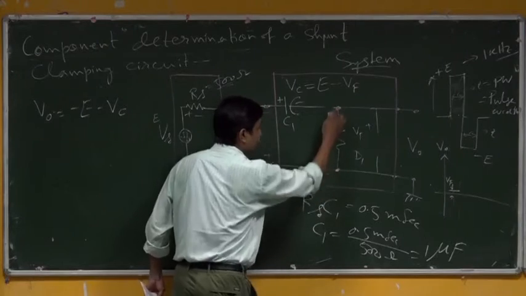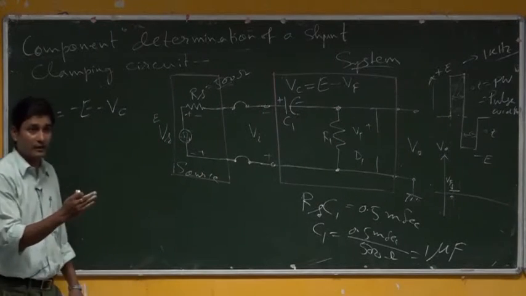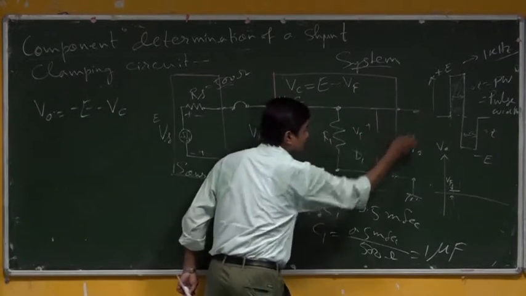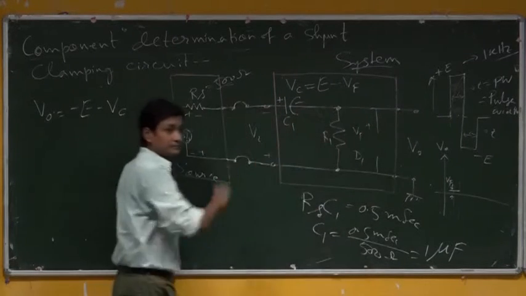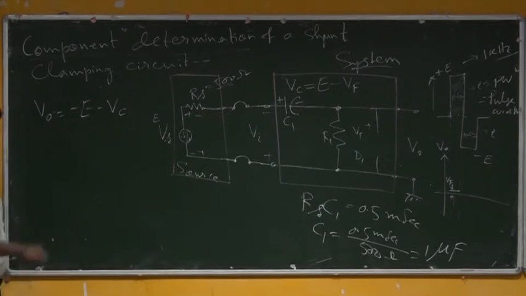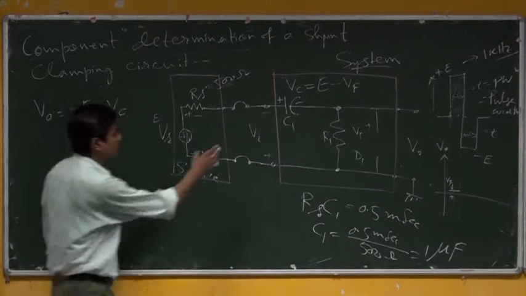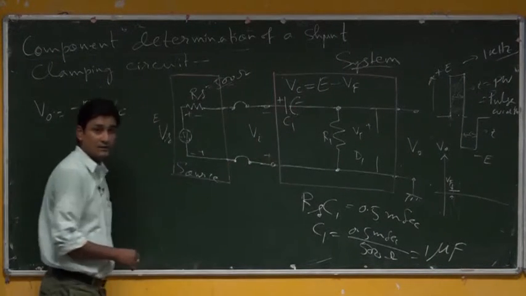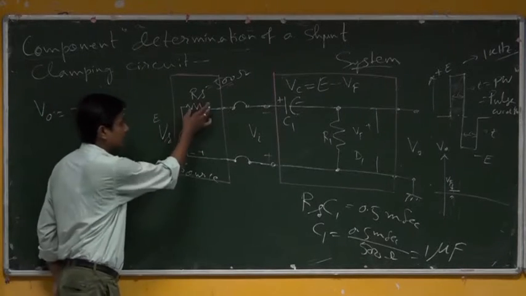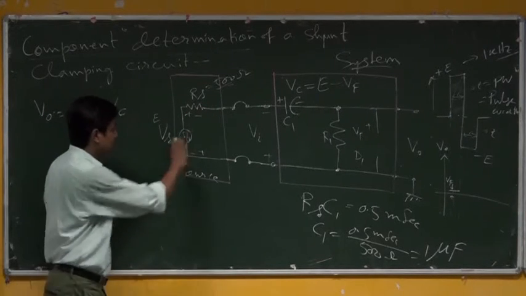Still some potential is there at the open output terminals which are available to me. That potential I am talking about here. How much is that potential now? This potential minus this potential minus this potential.